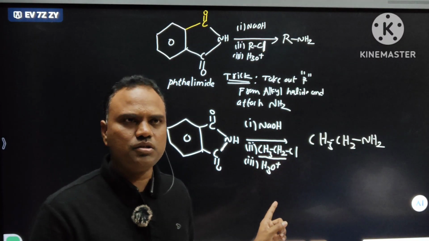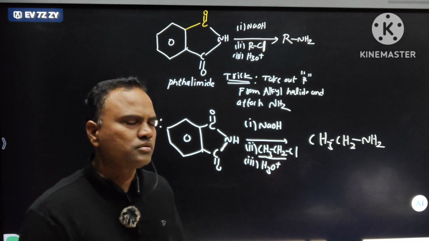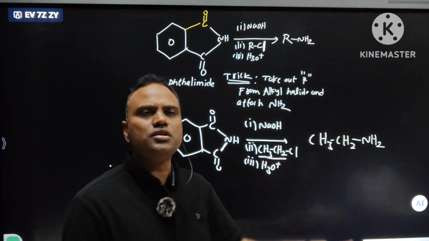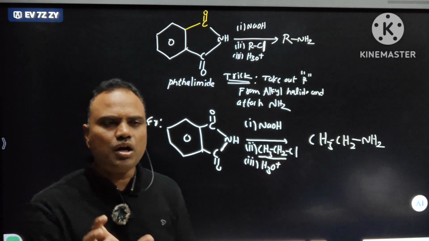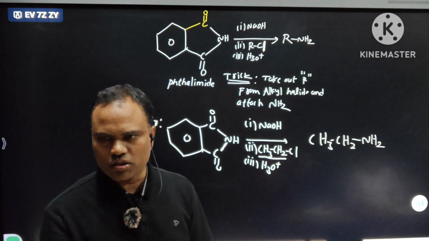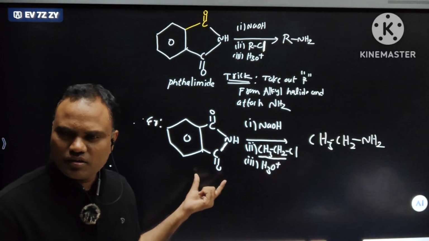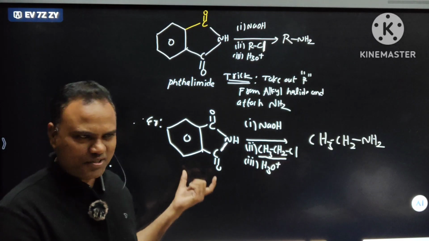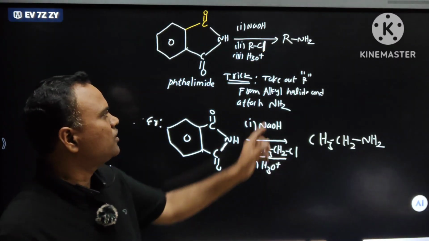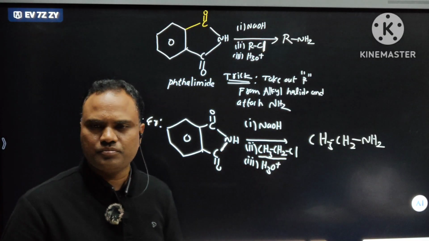How to write the product in the Gabriel phthalimide synthesis: write R as it is, attach NH2. But you have to remember the reagents: NaOH, alkyl halide, water. And one more hint: phthalimide, Gabriel phthalimide. Trick: take out R from the alkyl halide and attach NH2.